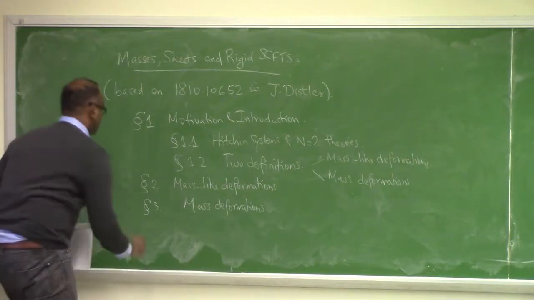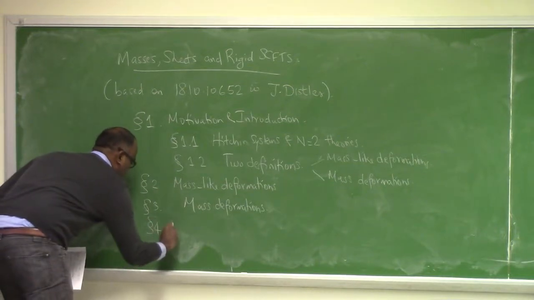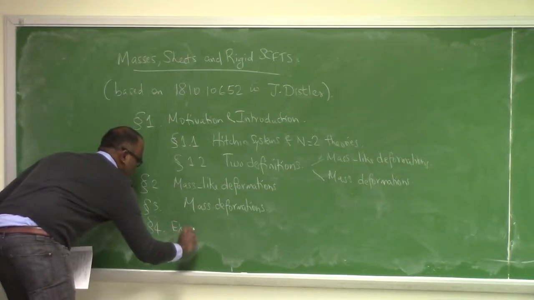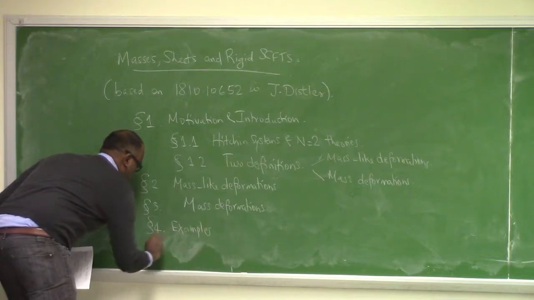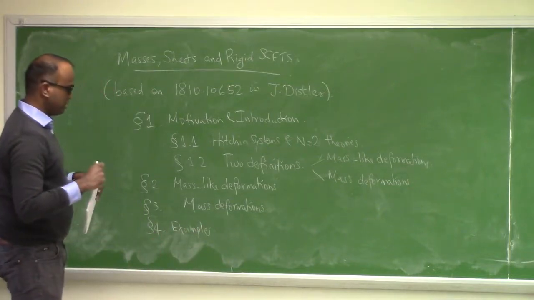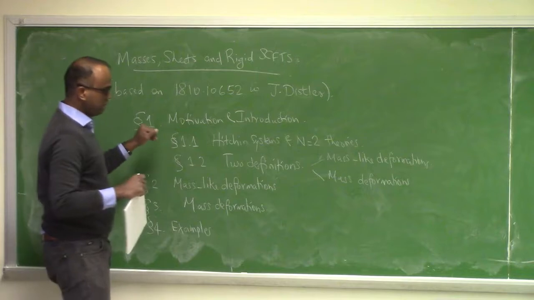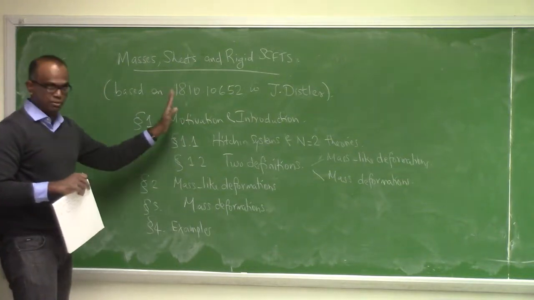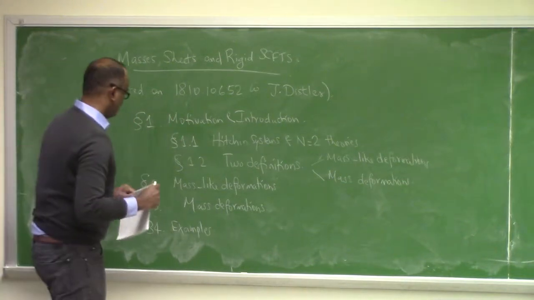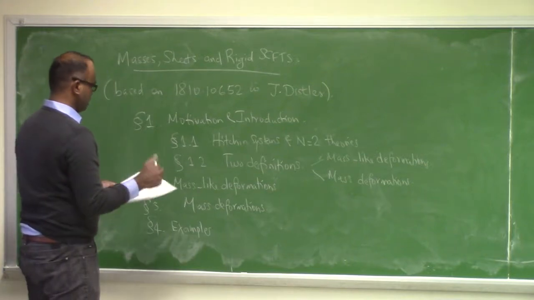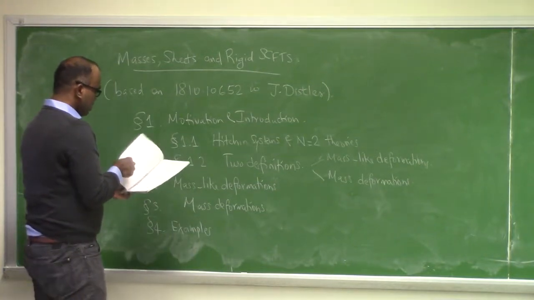At the end, if there is time, I will give you examples and also briefly tell you about some relations to the idea of symplectic duality, but I think I may not have time to really get to that. So this is more of a realistic outline for the talk.